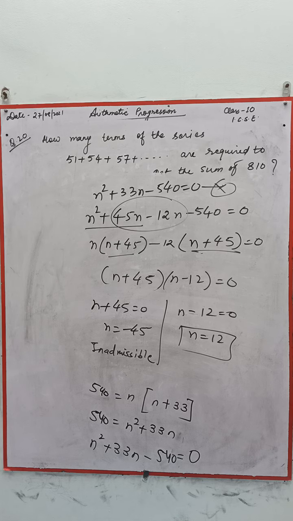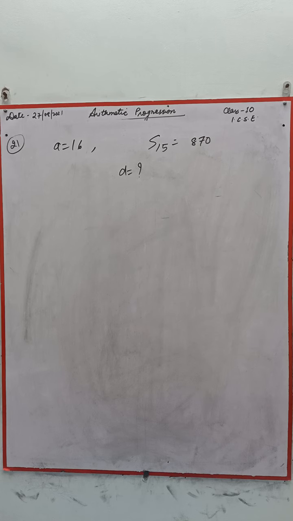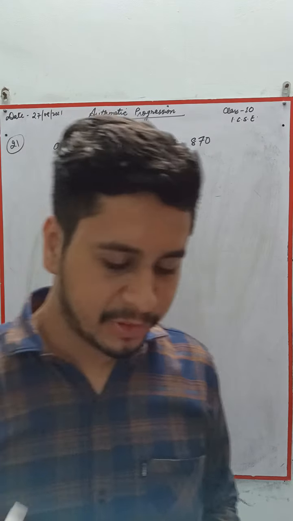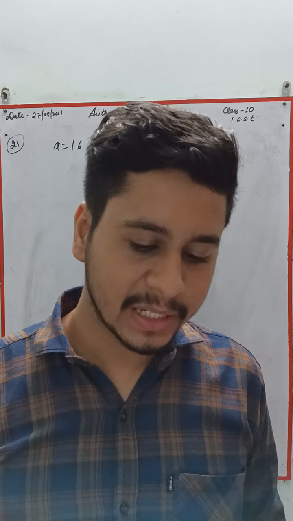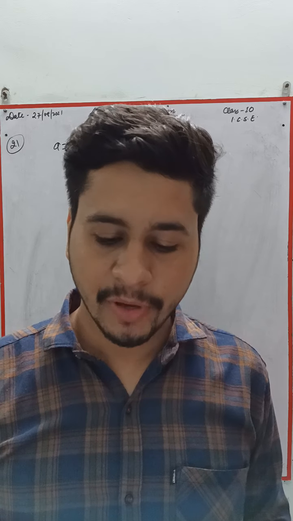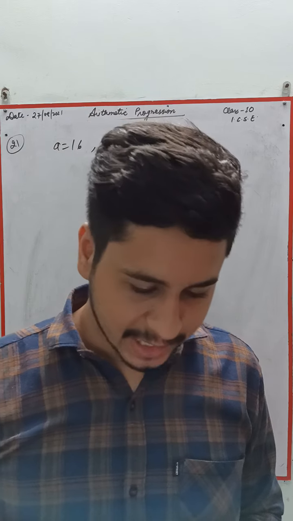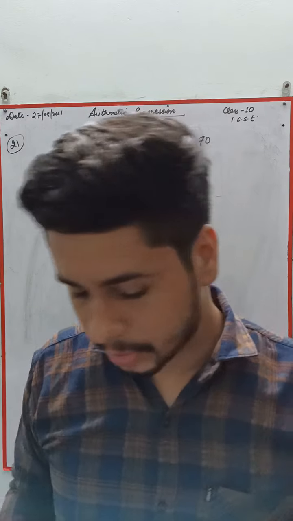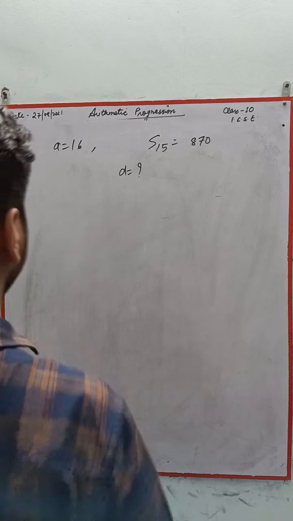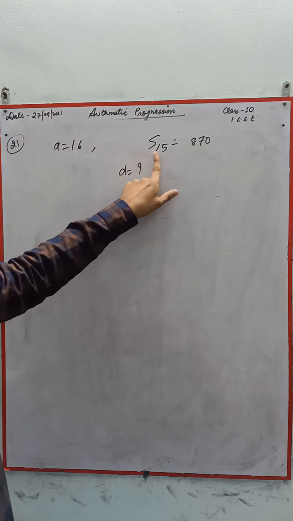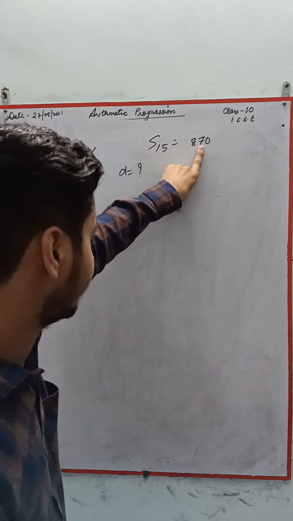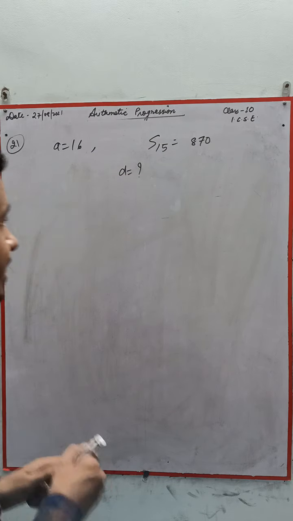Okay, let's come to the 21st question. If the first term of an arithmetic series is 16 and the sum of the first 15 terms is 870, find the common difference. So we are given the first term a is equal to 16. The sum of the first 15 terms is 870, and we have to find the common difference.